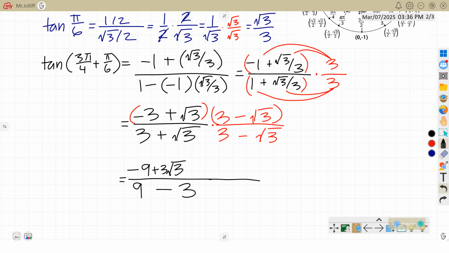I'm going to need more room here. Inner, these two guys, positive root 3, positive 3 is positive 3 root 3. Last is positive root 3 times negative root 3. So negative root 3 squared is 3.